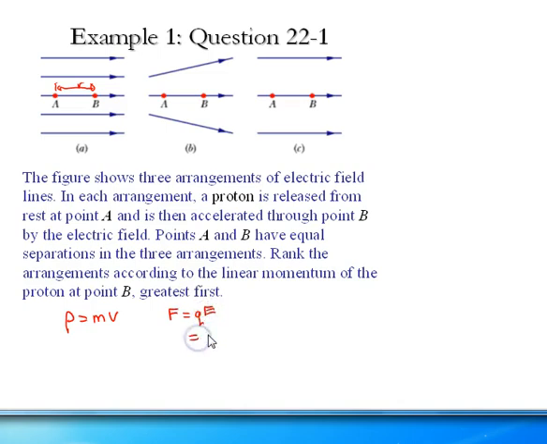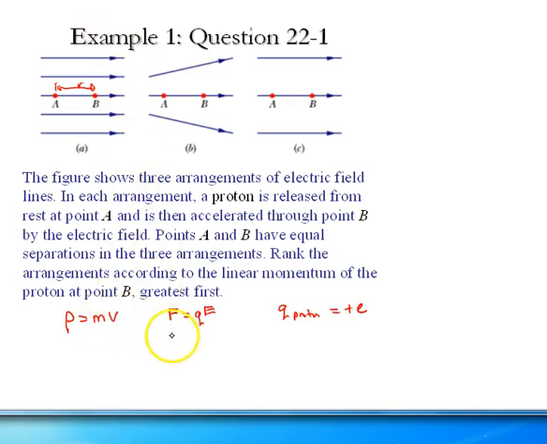So that's equal to the Q of a proton. That's the same for them all. That's equal to positive e, our elementary charge. So the force is going to be dependent upon just the electric field. The proton's the same in each of them. But for momentum, we need the velocity.